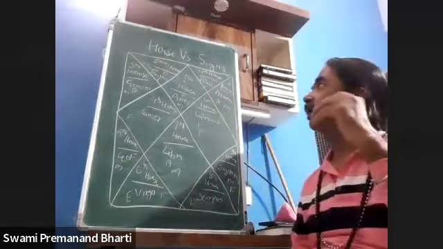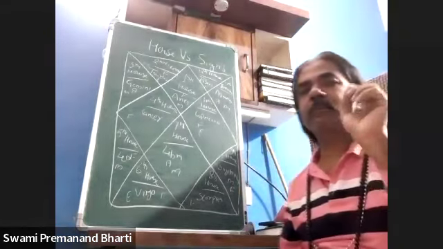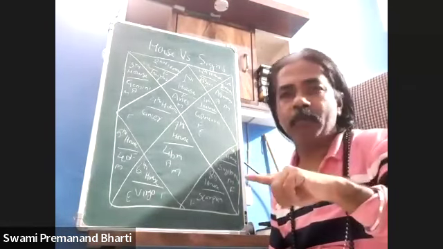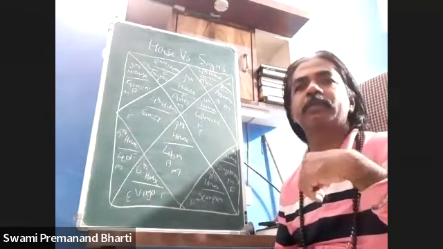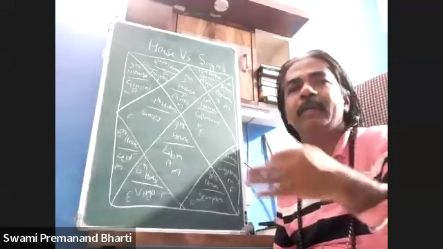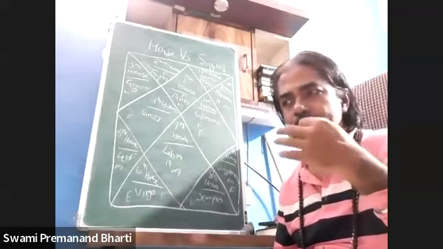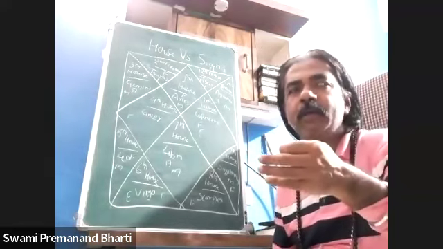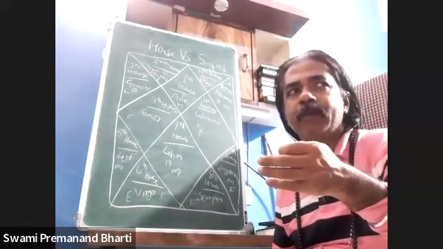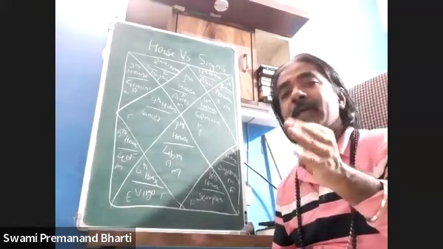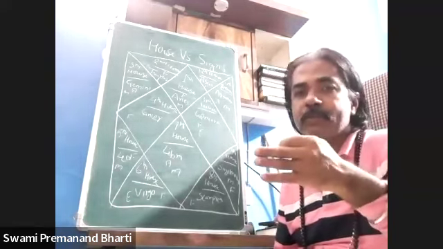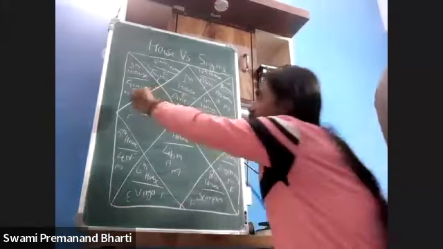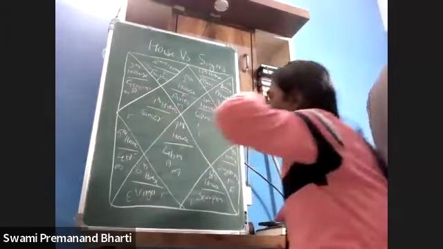So air signs have the quality of intelligence. If air signs are more prominent in a person's chart, this person can be a highly intellectual person, maybe having lots of ideas, lots of wisdom and all. At least the information part, if not the wisdom, okay, information can be very high. So this is the quality of air signs.